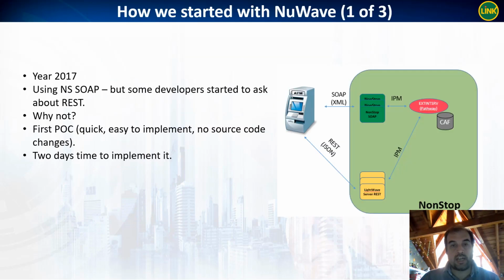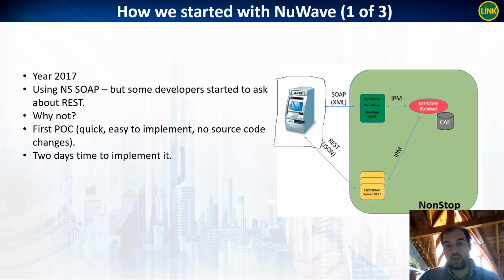The following 3 slides will explain how we started to use the NuWave product. Back in 2017, so 3 years ago, we had the following graph. We are still using our multi-vendor solution on our ATM. The multi-vendor solution allows us, at some point in the transaction flow, to call different web services.